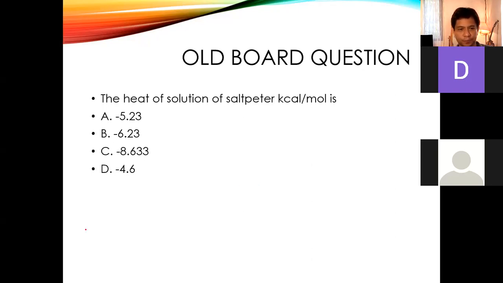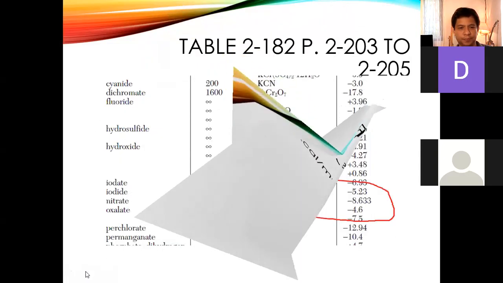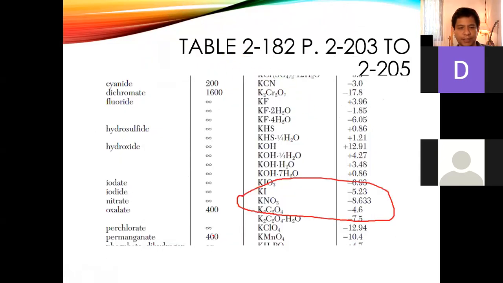Potassium. It's potassium nitrate. Yep, very good, Paolo. So yun yung nakalagay sa table. It's negative 8.633.